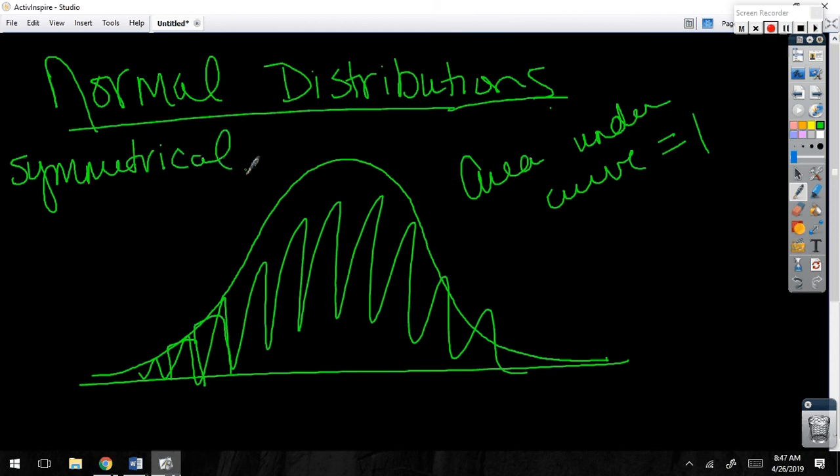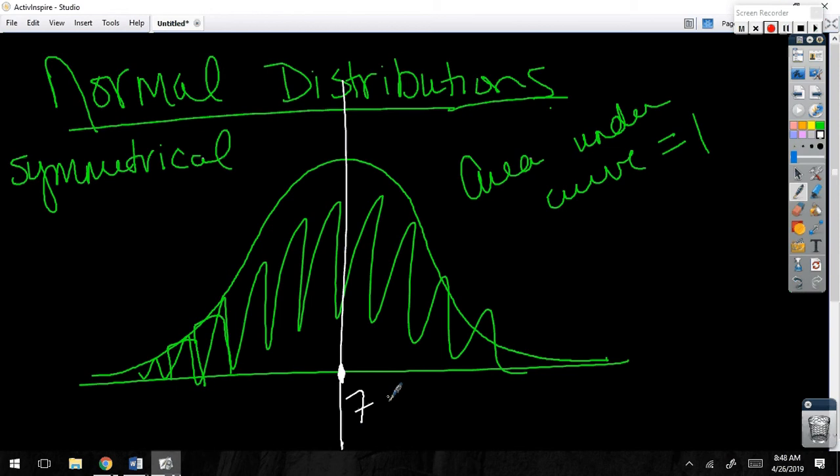Okay, so we talked about binomial distributions. We talked about any old probability distribution. This is another one. This is a normal distribution when it's perfectly symmetrical, okay? Now, if I cut this in half, let's say that this value was 7.